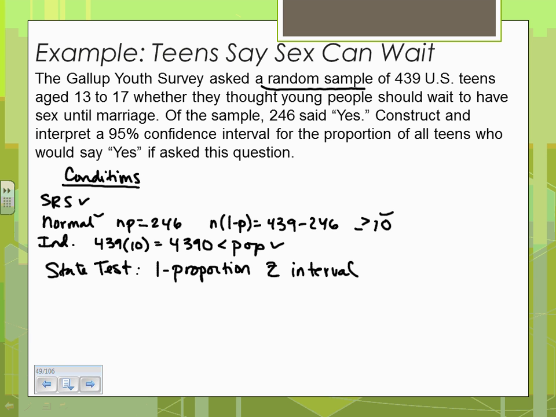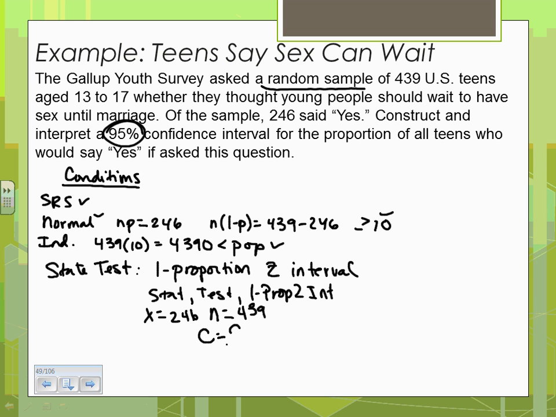So in our calculator, we're going to go stat, test, 1 prop z int. Our n in this case is going to be 439, and our x was 246. And our confidence, did it say? Yep, a 95%. So go ahead and put all that in and get your interval out.